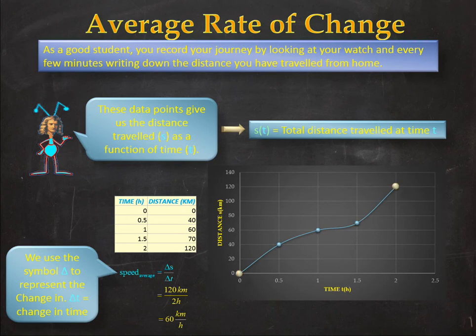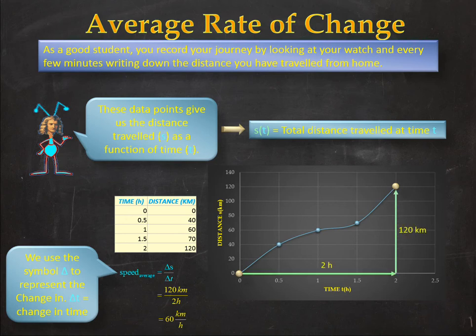Now, the 2 points that we're interested in is we started at time equals 0, and we ended at time equals 2 hours. And I placed those 2 points on the graph, and then change in position and change in time is just simply the appropriate axis.